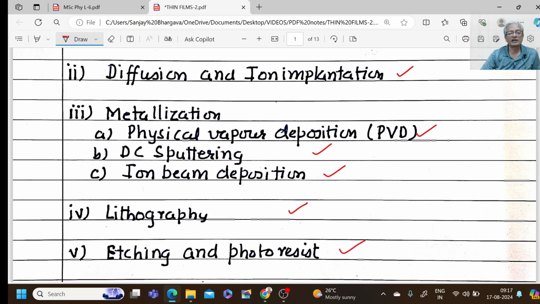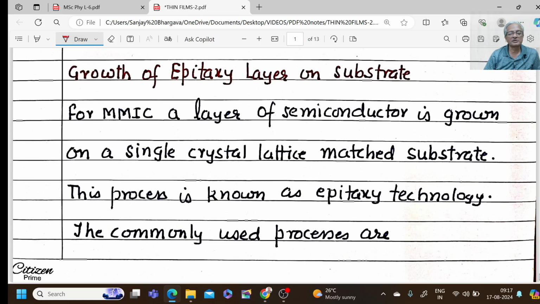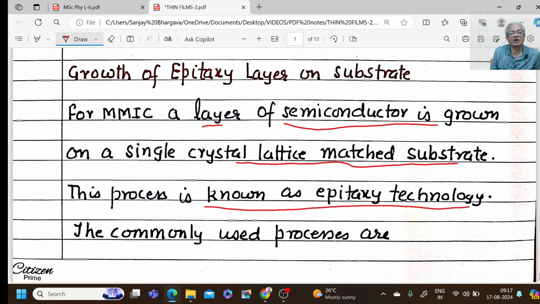Now let us begin with the growth of epitaxial layers on substrates. For MMIC, a layer of semiconductor is grown on a single crystal lattice matched substrate, and this process is known as epitaxy technology.